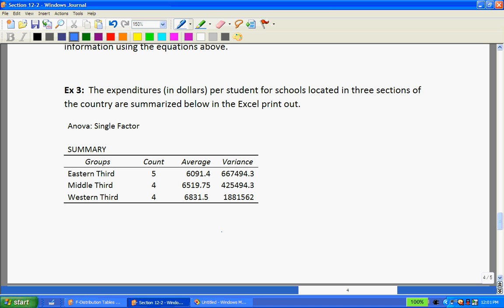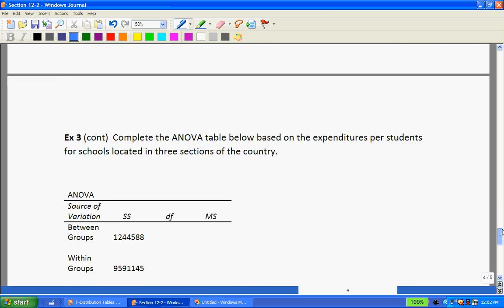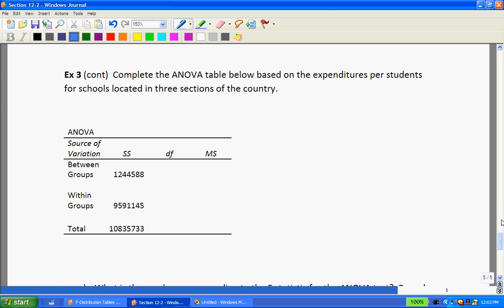So don't just look at the numbers, because you really don't know until you back it up with some statistics. Then the rest of the ANOVA table is printed down here, but it's incomplete. So it's going to be our job to fill it in.